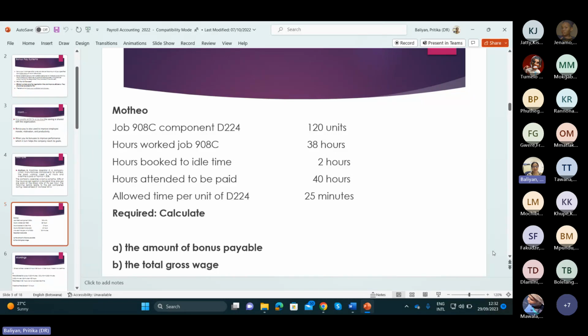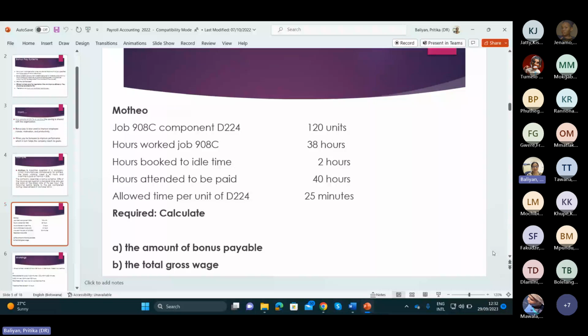So how many hours? 50 hours, right? So to make 120 units, an employee needs 50 hours.